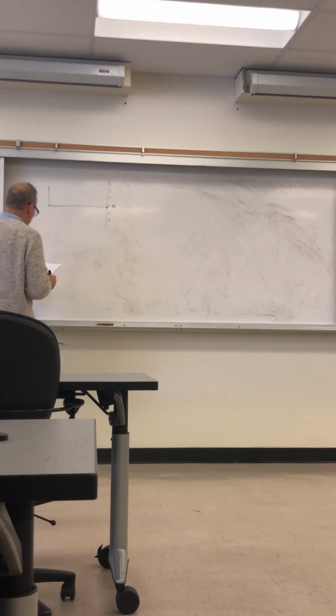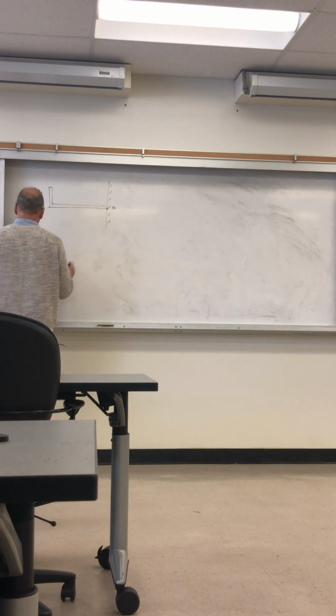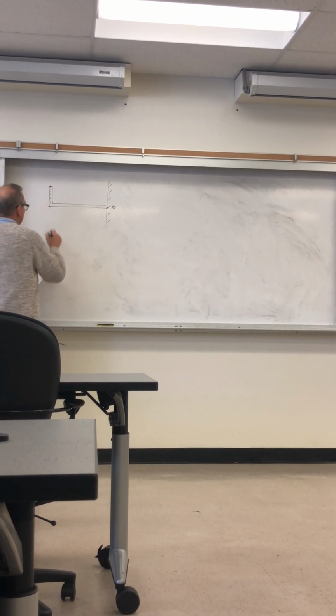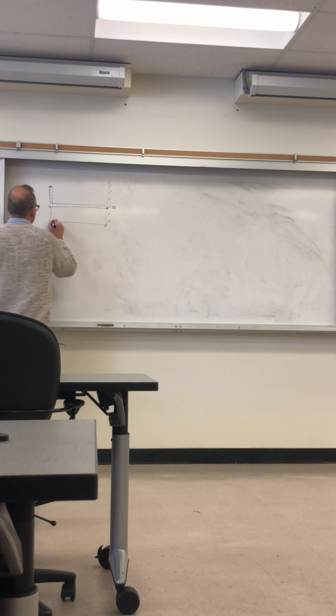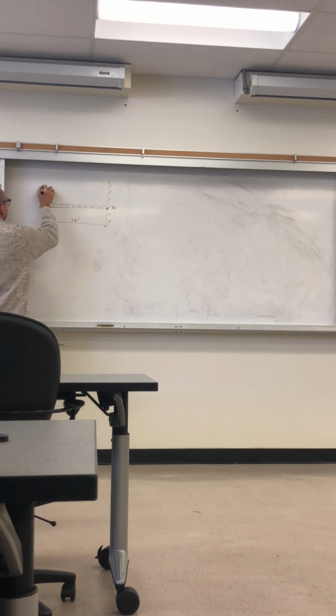Point O. This is some kind of structure here. And at this point, this is 10 feet, and 5 feet up along the center lines. And I have a force applied at A up here.